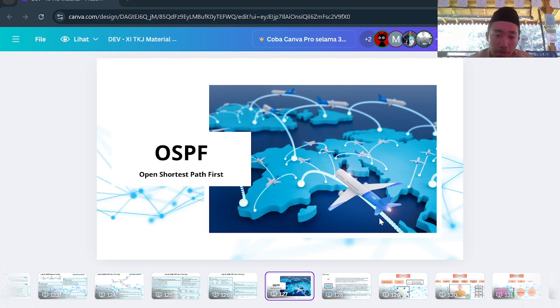Hybrid is a combination of link state and distance vector. Based on link state technology, it is used for exchanging routing information within a single AS, a single autonomous system.